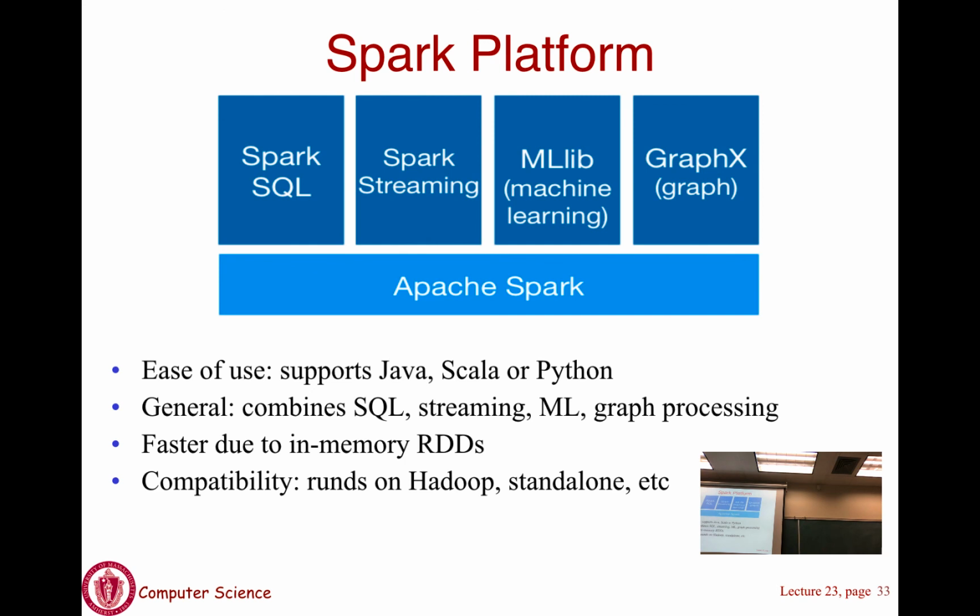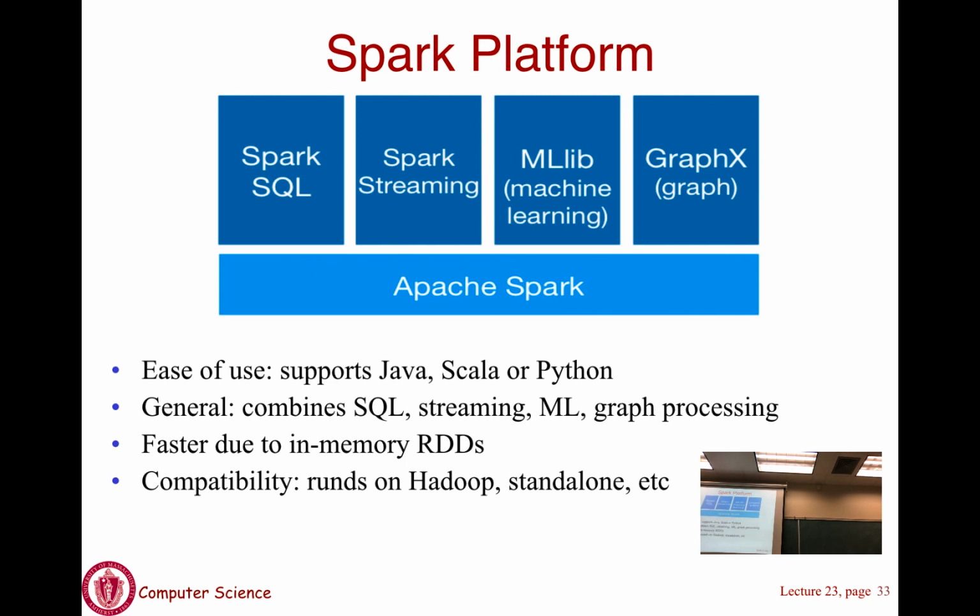As a result, Spark has become a very popular data processing platform that has subsumed a lot of what Hadoop and others were doing. You will now see there is Spark SQL, which allows you to do SQL queries. There's Spark Streaming, where you can use Spark to do streaming. Spark is also used for machine learning, although TensorFlow seems to have become more popular than Spark for ML, but there's still a lot of ML happening in the Spark context as well.